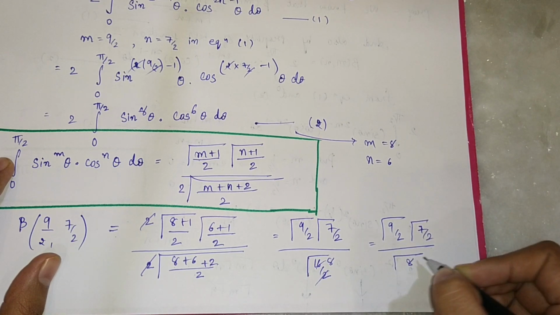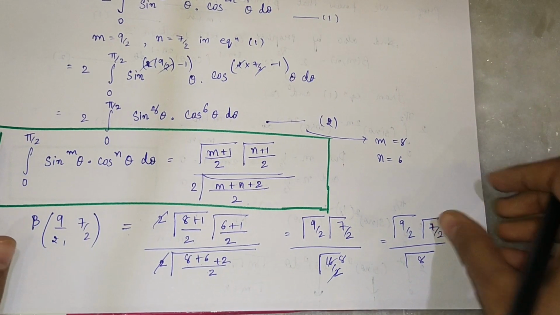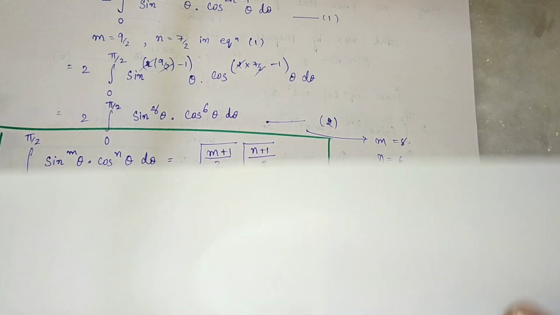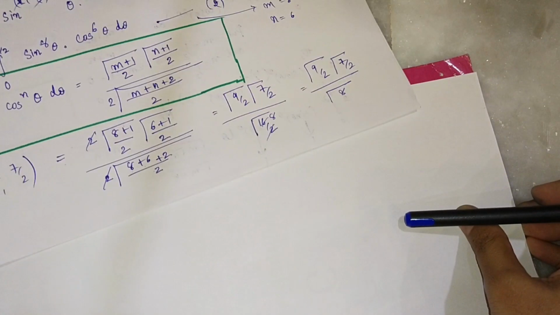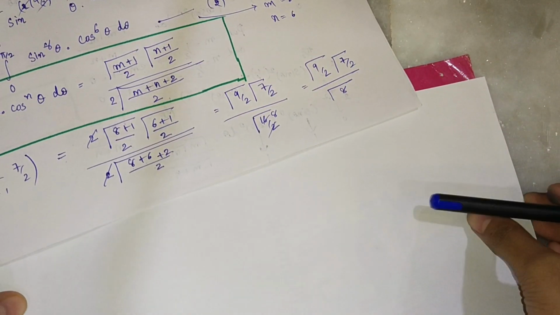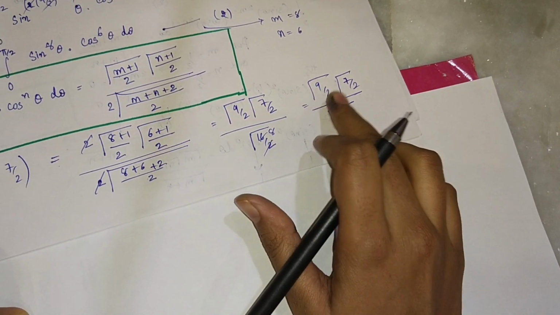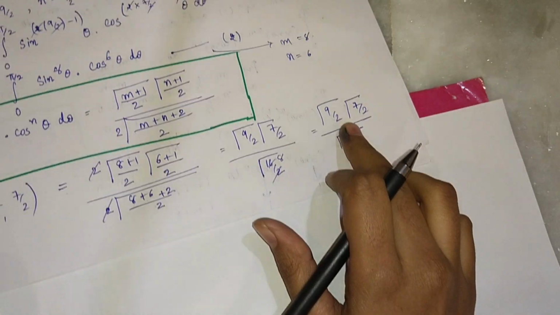by gamma 8. So further, how will we solve this equation? You just have to subtract 1 from this till you get 1 by 2.